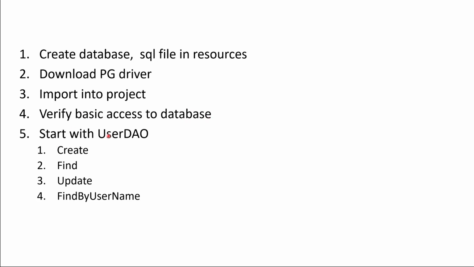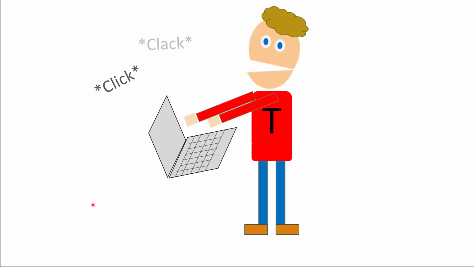Then we start with the user DAO and do some or all of these. Create, find, update, at least, would be nice to get in place. Because then the rest of the methods and also the task DAO, I think I will do later when we can do a full acceptance test of the server. Save that, because that's going to be interesting. So this is our plan. Let's give it a go.